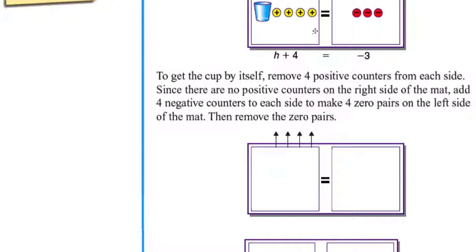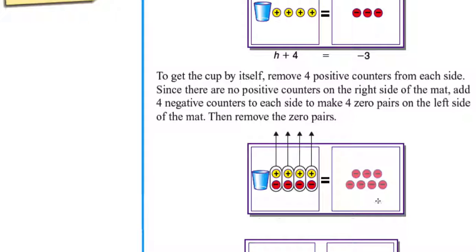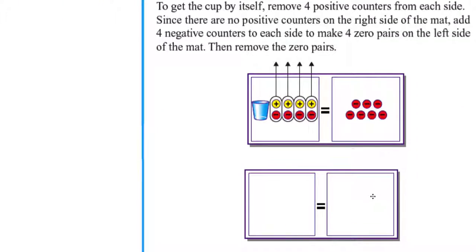Then we remove our zero pairs. We added 4 negative counters, which makes up zero pairs, and we removed all our zero pairs. Since we added 4 negative counters here, we add 4 negative counters here as well.